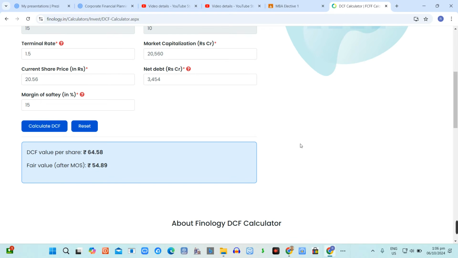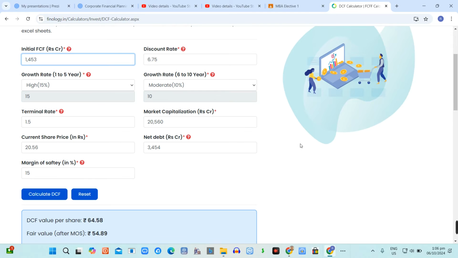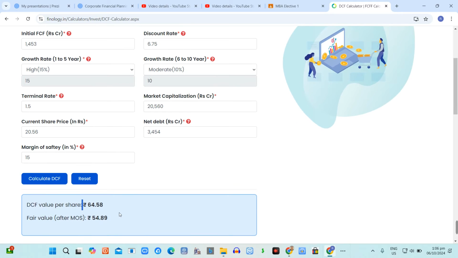The DCF would be $64.58. So in this case, it's rupee. And then if you deduct the margin of safety, you're saying, okay, you have to buy the stock at 54.89. I mean, that's the strike price. Although currently the share price is 20.56.